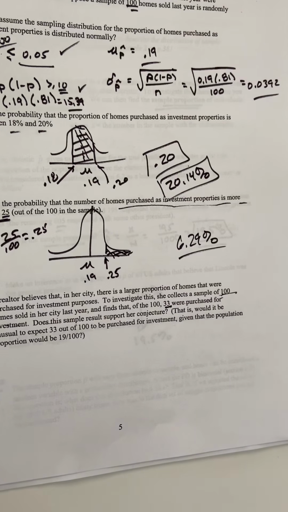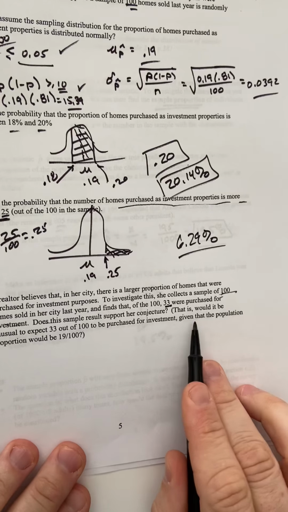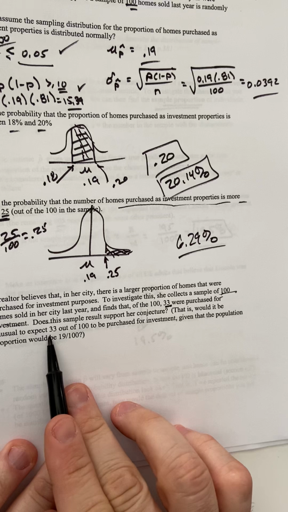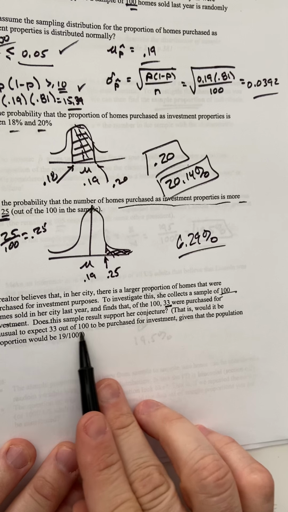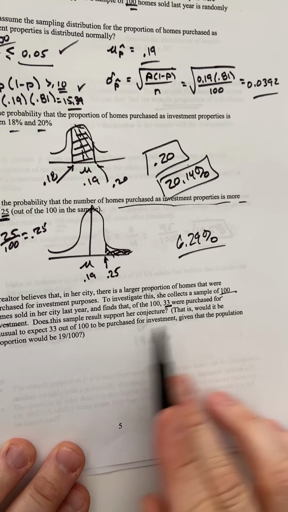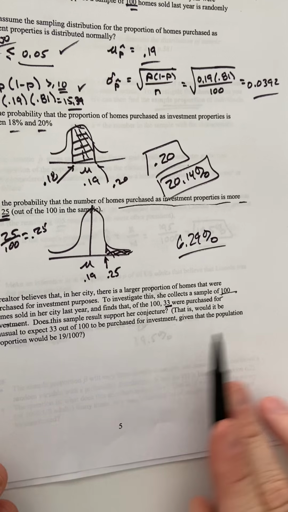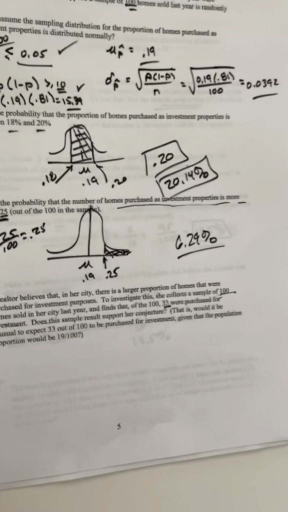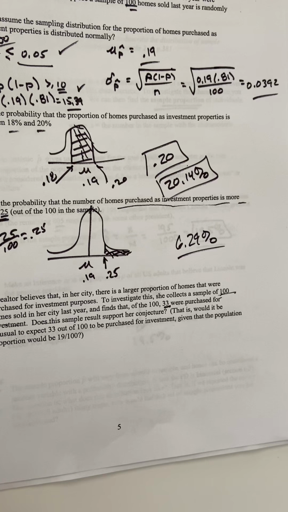We'll find out here in a second. That would be unusual to expect 33, that is, it would be unusual given the population proportion would be 19 out of 100. So I think we'd use the same exact values.